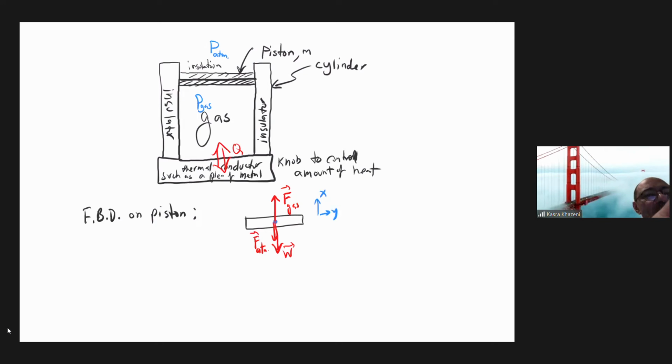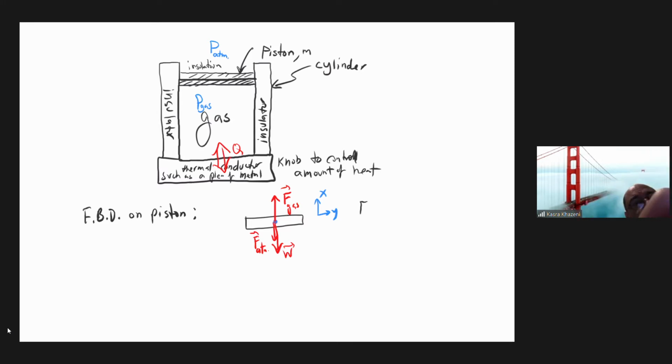And then I can just say, it doesn't matter what I call X. Here's X. All right. Now, if nothing is moving, if the piston is just sitting there doing nothing, then the sum of these forces by Newton's second law should be equal to 0, because there's no motion, no acceleration, no nothing.